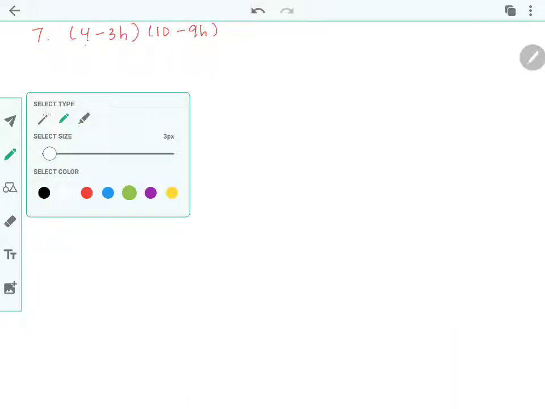Basically number 6 and 7 have the same idea, but number 7 just has bigger numbers. For example, here I have 4 minus 3 eighths, and then it's multiplied by 10 minus 9 eighths. What should we do? Just remember, rainbow method.